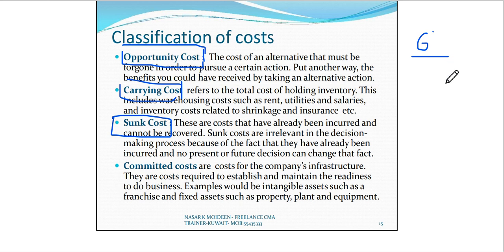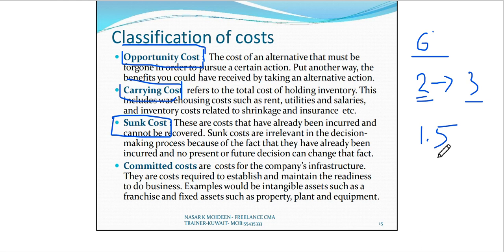So you have two options. One is to rework it, spend $2, then sell it for $3. Or you just sell it as scrap to some people who buy scrap, and you will get $1.50.